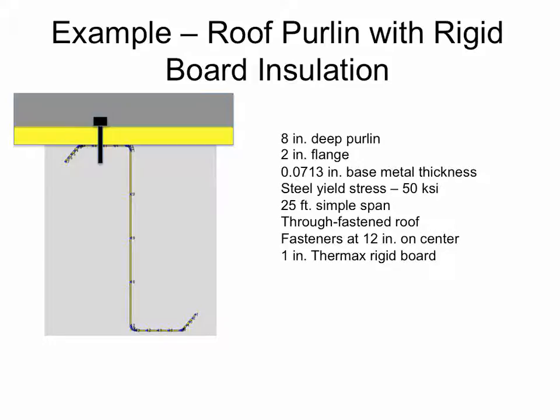So Bob mentioned that you could put in some sort of spring and deal with it that way. And so what we can do in COFSM is not only treat members without anything connected, but we can put in springs anywhere we want and calculate the critical elastic buckling moments, including the rigid board insulation, including the panel, both rotational springs and translational springs. So that's what we're going to do now.